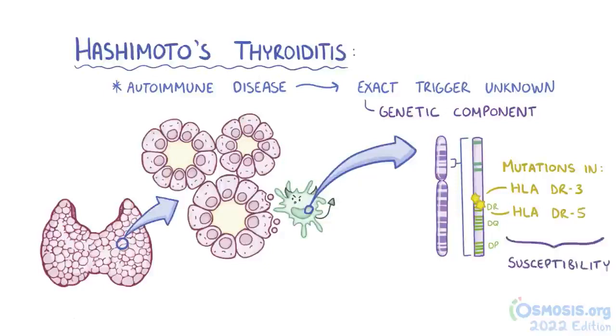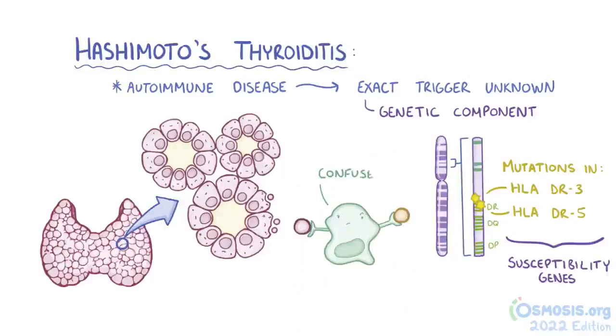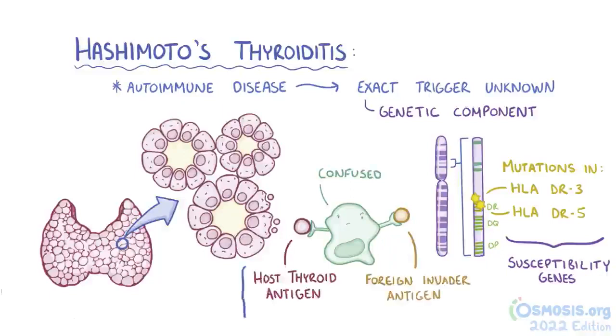Due to these susceptibility genes, immune cells sometimes aren't clever enough, and they end up confusing normal antigens from the thyroid gland with antigens of foreign invaders, like viruses, just because they look similar. This process is called molecular mimicry, because from the perspective of the immune cells, a host protein is mimicking a foreign protein.